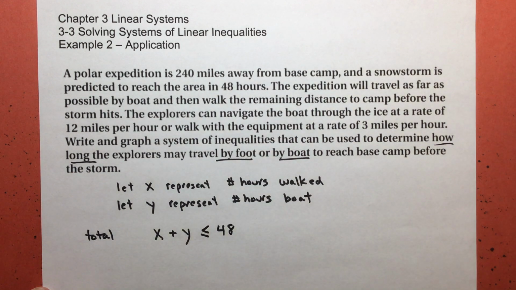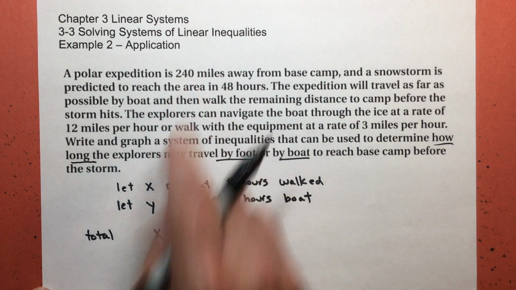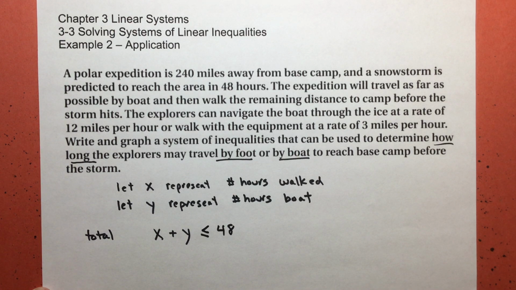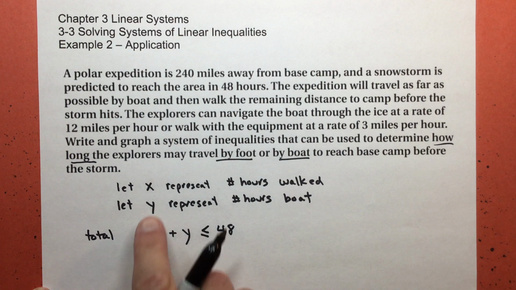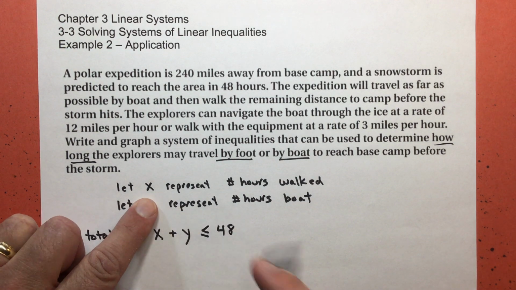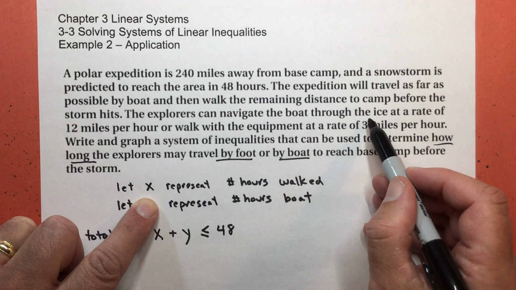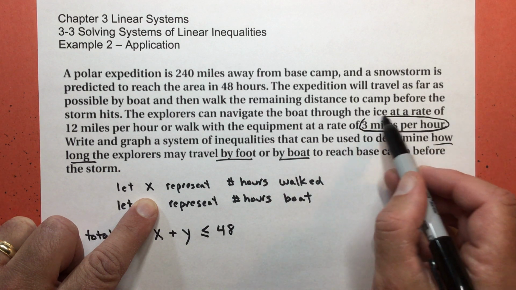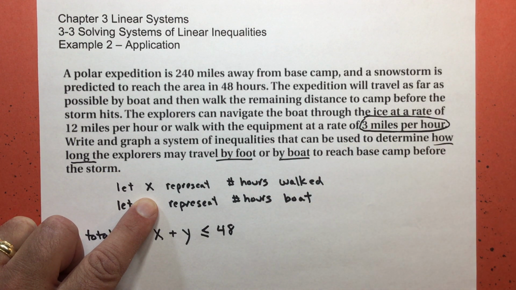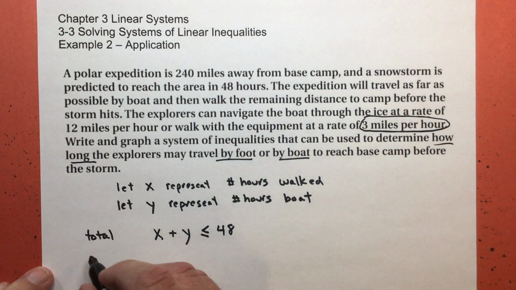Now let's talk about the distance. The expedition is 240 miles away. Okay, how far are they going to walk in X hours? Well, I said I was going to remember that, okay? They can walk at 3 miles per hour. So after 1 hour, 3 miles, 2 hours, 6 miles, 3 hours, 9 miles. You get it. What am I doing? I'm multiplying by 3.